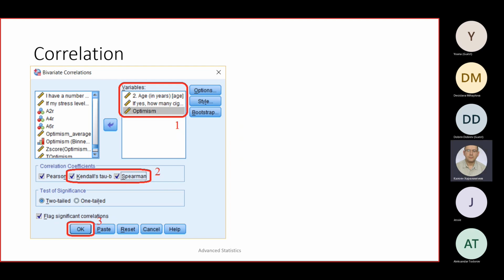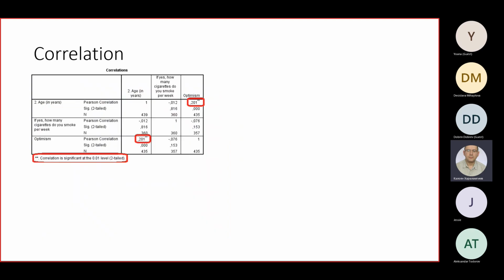And of course, if all three coefficients are not significant, then there is no relation between these two variables. So let's compare the results. We already saw these results for Pearson correlation. Only correlation between age and optimism is significant.